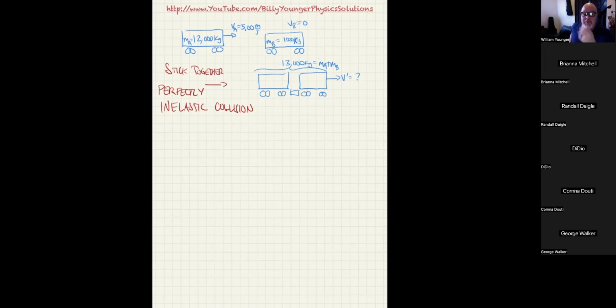But if you move to some frame where the momentum of the left car was exactly the same in magnitude as the momentum of the right car, but opposite in sign, then the total momentum would be 0. And then when they collide and stick together, they're going to sit perfectly still. That means the total kinetic energy is 0. So that's why they use that terminology, because the kinetic energy will be 0 after the collision.